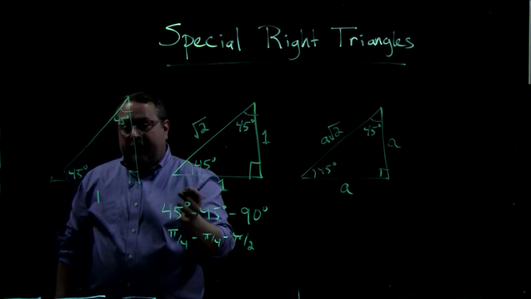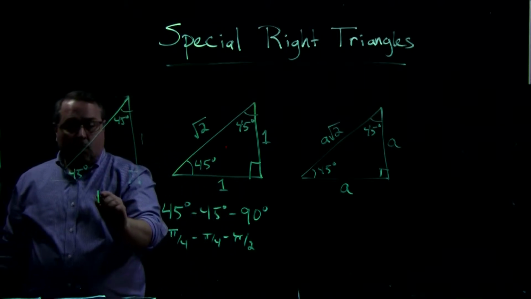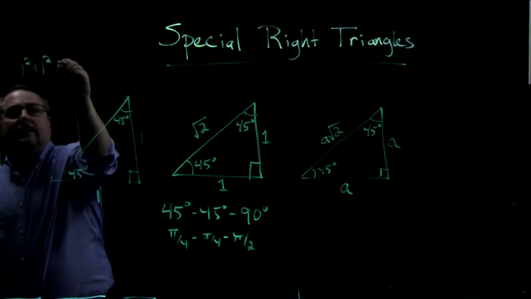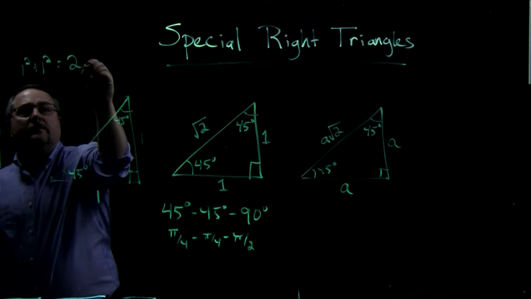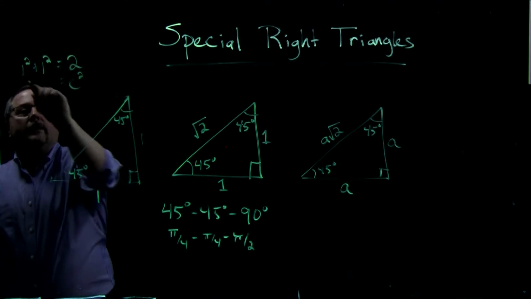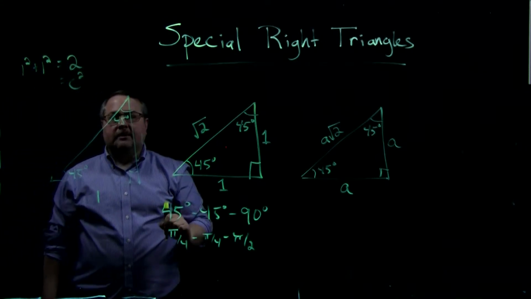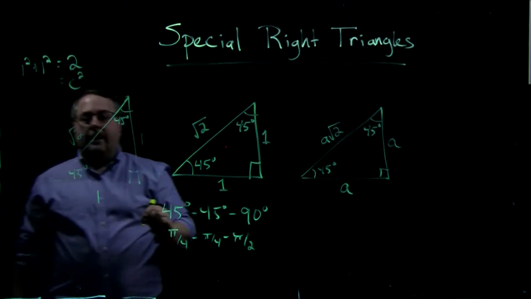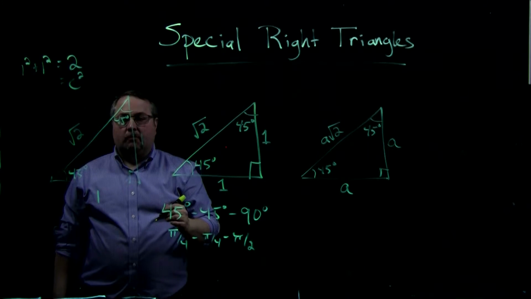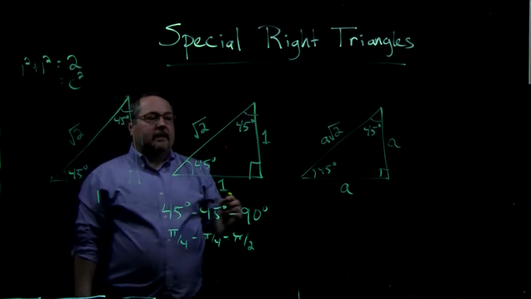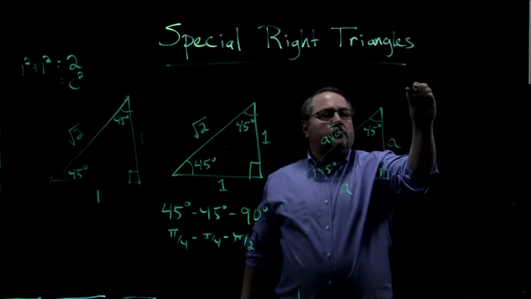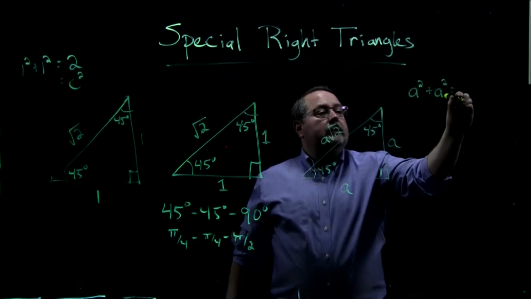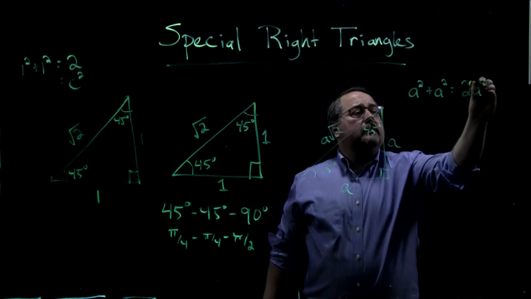And then we just use the Pythagorean theorem. 1 squared plus 1 squared is 2. So a squared plus b squared is c squared. C squared is 2. And therefore the hypotenuse has to have length square root of 2. Or, in general, a squared plus a squared is 2 times a squared.